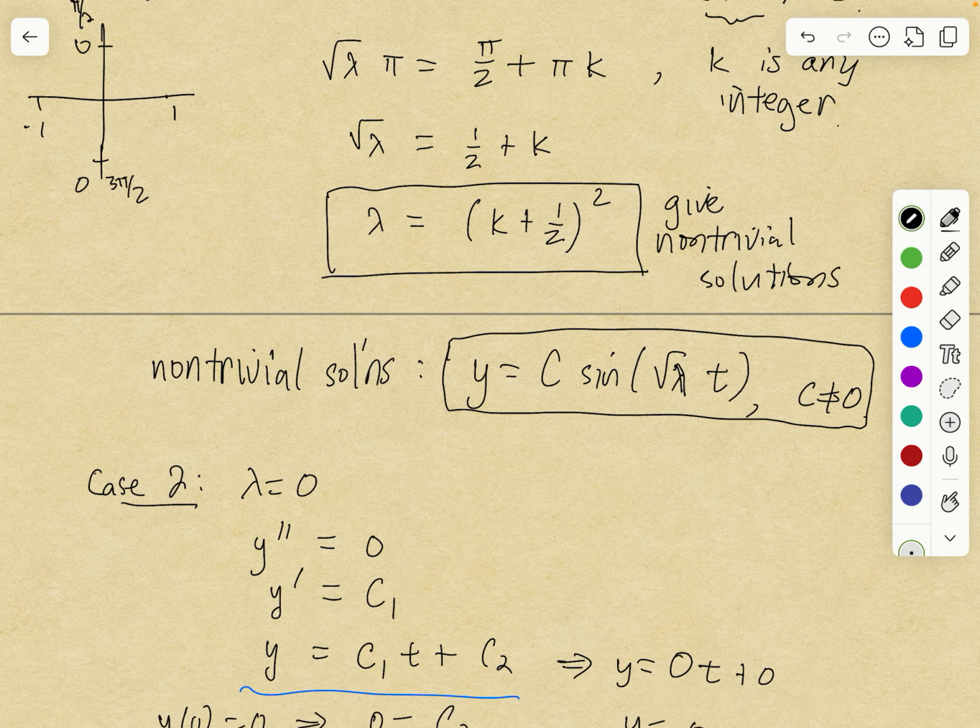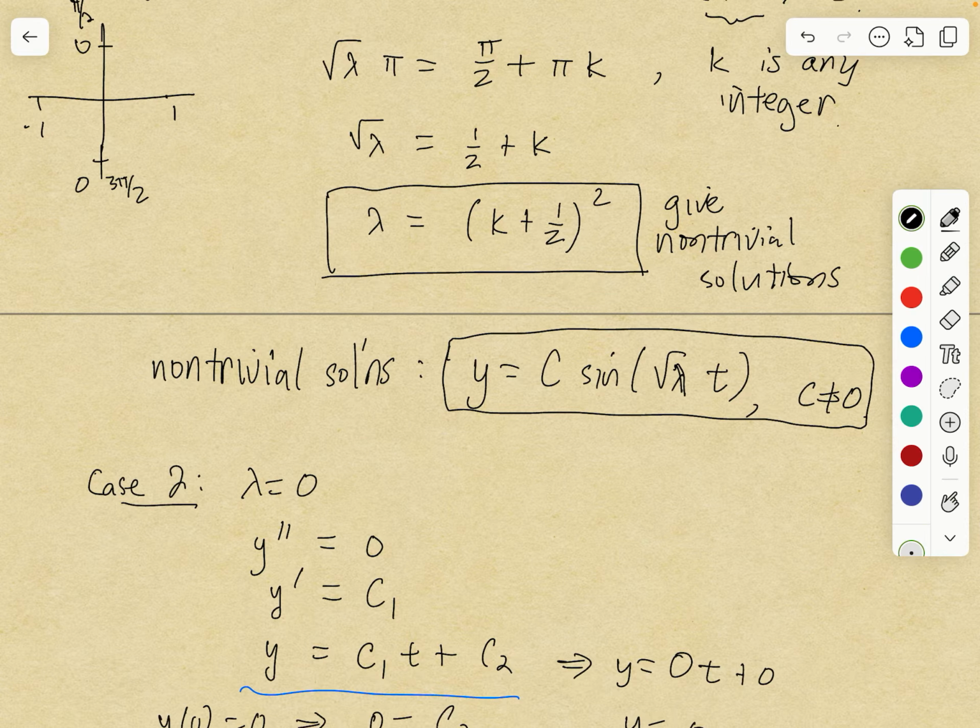When k is 1, you get 9/4. When k is negative 1, you get 1/4 again. If k is negative 2, you get whatever. You get a bunch of values. Those are the lambdas that give you non-trivial solutions.